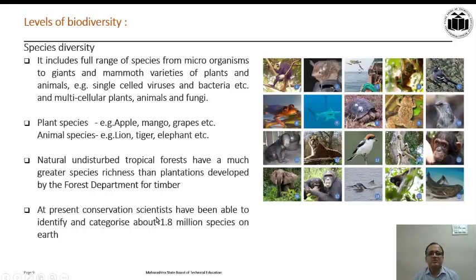At present, conservation scientists have been able to identify and categorize about 1.8 million species on the earth. Here in this picture, a number of species that exist on the surface of earth have been given.